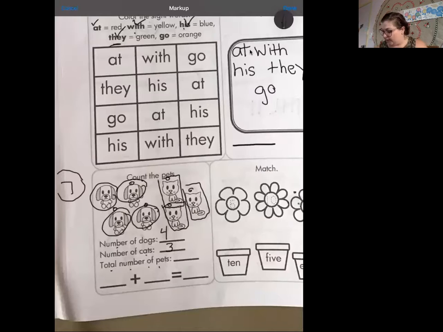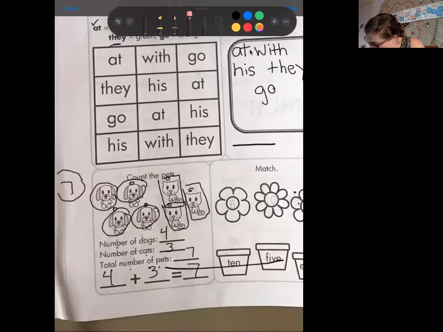Okay, so we're gonna write 7. And then they're gonna ask you, dogs, 4, cats, 3. Add it. 4 más 3, right? 4 plus 3 igual a makes 7. All right, good job.